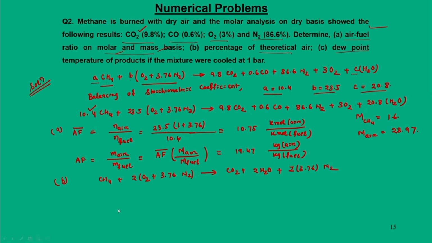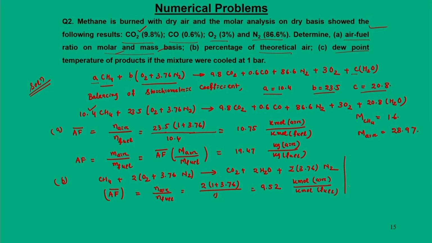Then in that case your AF bar, which is the stoichiometric value, N air by N fuel, that is 2 times 1 plus 3.76 divided by 1, it is 9.52 kilomole air by kilomole fuel.